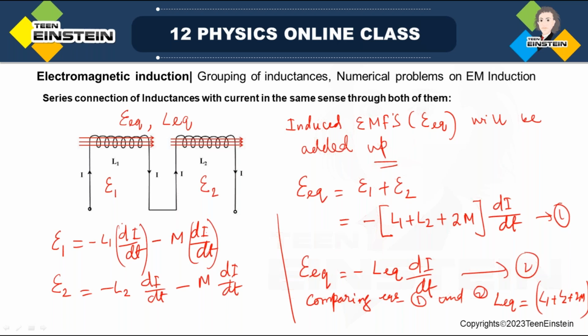See, if there is no mutual coupling between these two, then what will happen? This M will be 0. In that case, it will be L1 plus L2. That means this gives actually the real series combination, just like resistors.